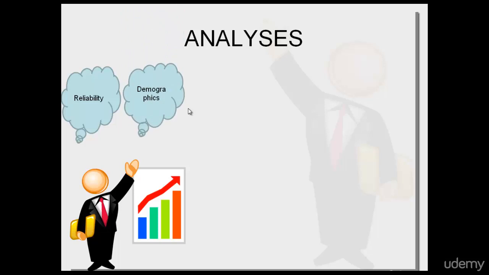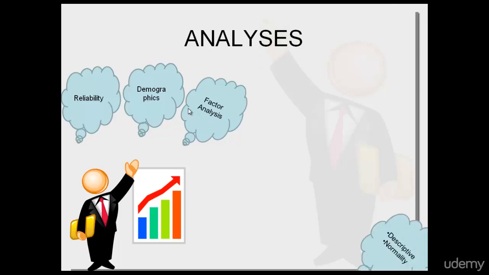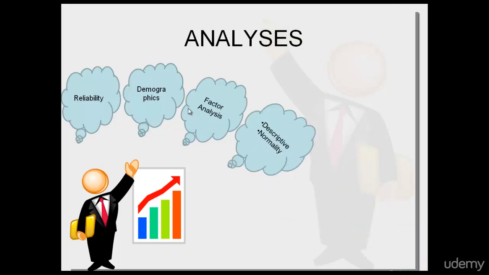Next, demographics, then factor analysis, then descriptive and normality analysis, and after this correlation, and then we have regression. These are some of the analyses that we're going to perform in SPSS, and how we are going to do it, I'll let you know in each of the sections by their introduction first and then their performance in SPSS. So let's begin.